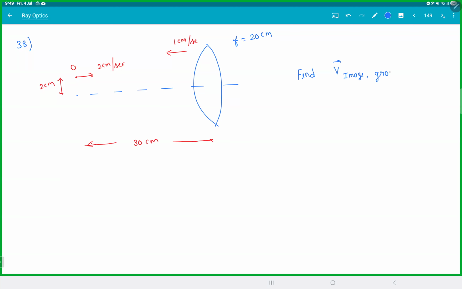Again, remember, you can't use your mirror formula. You have to derive for the lens separately. Get this, you got 3-4 minutes.